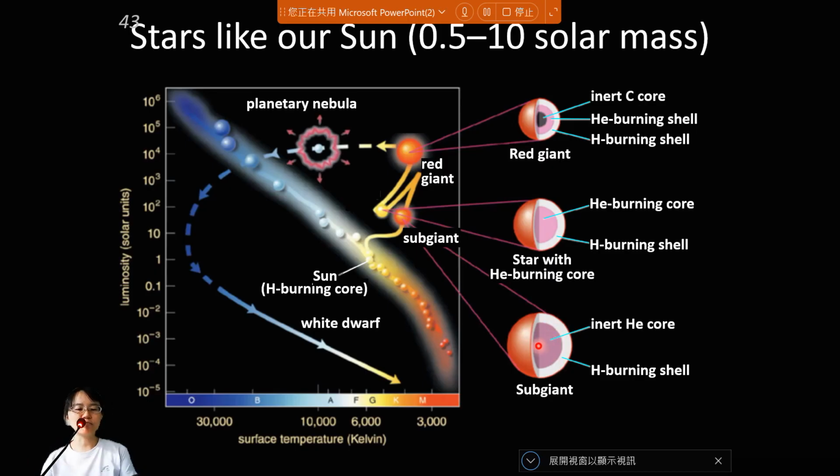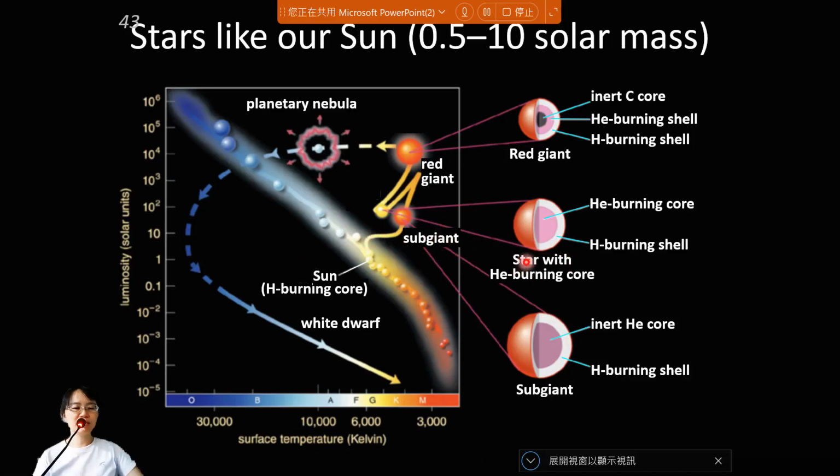Initially, the burning area is more at the interior of the sun. However, when the internal fuel is used up, the inert helium core will pile up. This inert helium core is not reactive, so the burning area will be closer to the outer part of the sun. When this happens, the heat zone is closer to the surface, so the sun will expand. That's the reason we enter the subgiant stage.